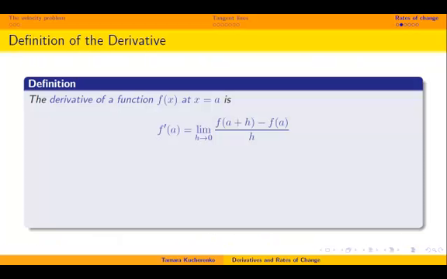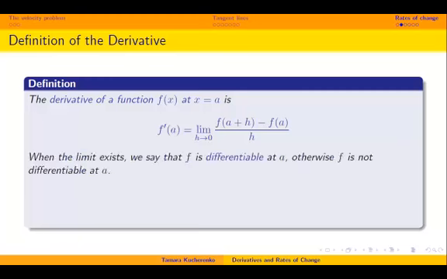Precisely, the derivative of a function f of x at x equals a is denoted by f prime of a and is defined by the limit as h approaches 0 of f of a plus h minus f of a divided by h.